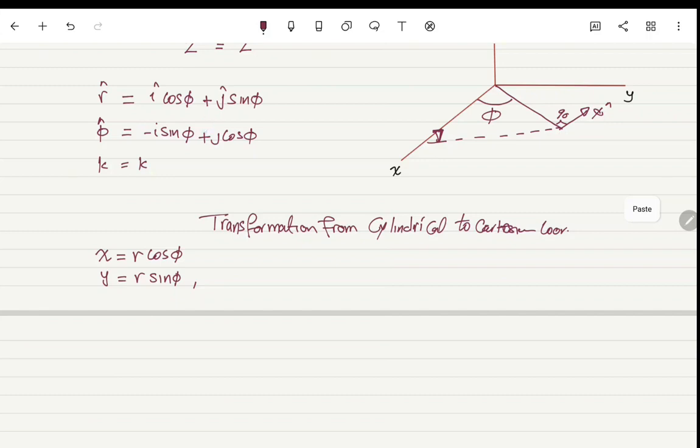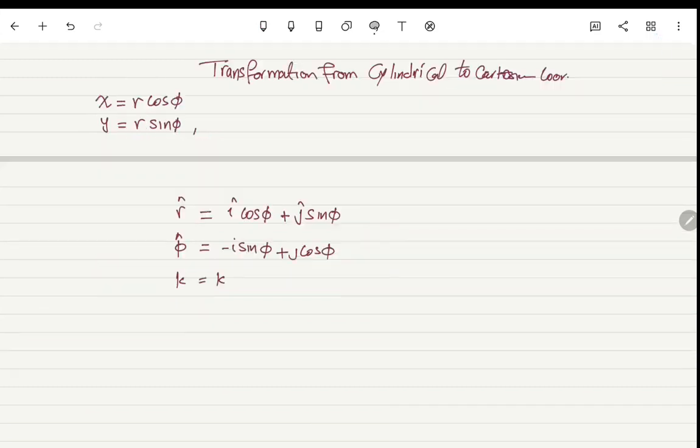Let's just copy these. Now we will follow the same procedure we have done in spherical coordinates. So we dot product the whole equation here with i hat. Therefore, when you dot product this whole equation with i hat, you will get i hat dot r hat equal to cosine phi, and i hat dot phi hat equal to minus sine phi, i hat dot k hat equal to 0.